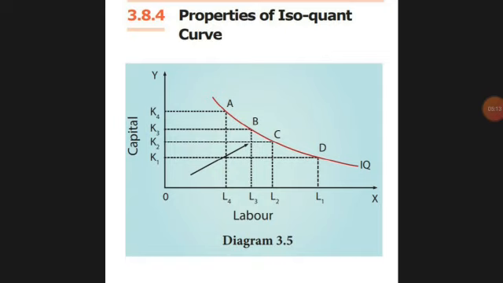As the producer moves from B, C, D on the curve, more labor and less capital are used. The labor keeps moving up, the capital is less. That's what it means: if one factor of input is used more, the other factor is used less.